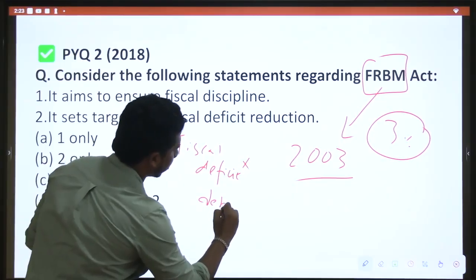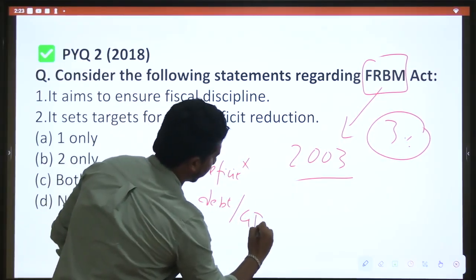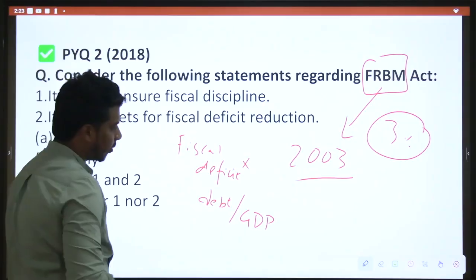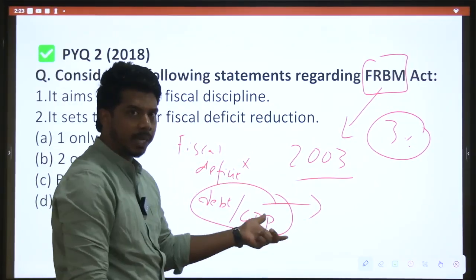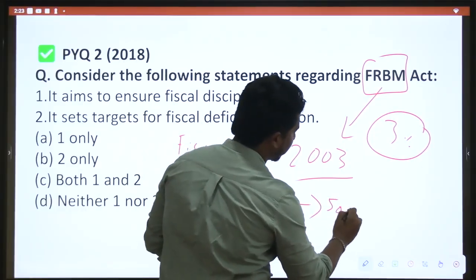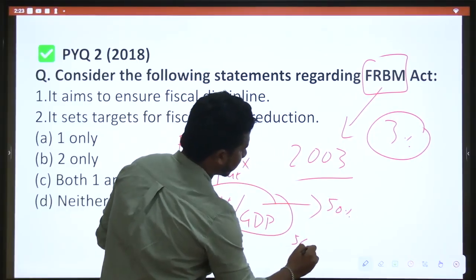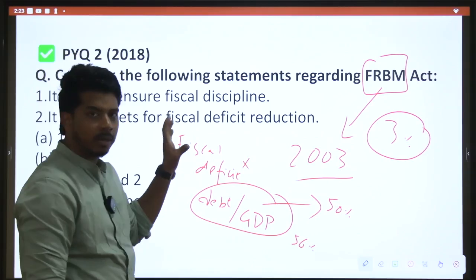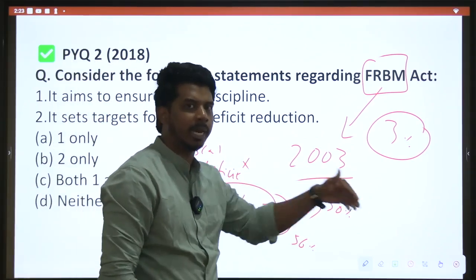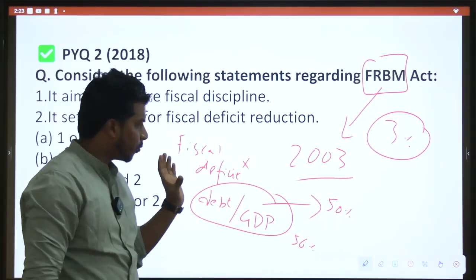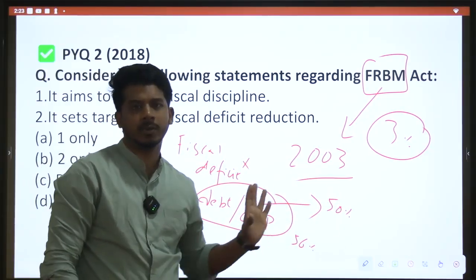Focus on the debt to GDP ratio, which is very high. That is why we are now focusing on the debt to GDP ratio, and the union government has a 50% target from the present 56%. We have something called a glide path, but we will focus on the debt to GDP ratio as our target.